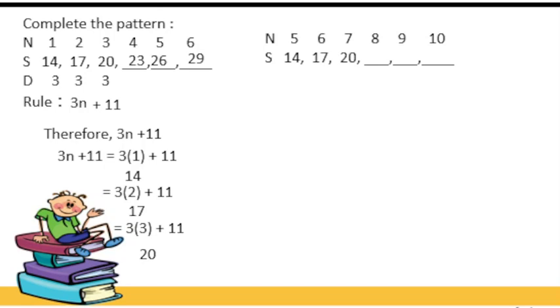So 5, 6, 7, 8, 9, and 10. And then the common difference is still 3. So since the difference is 3, let's write 3n for the rule, and let's check. If n is 5, 3 times 5 is 15, but this is 14. So what shall we do to get 14? Yes, very good. We have to subtract 1.